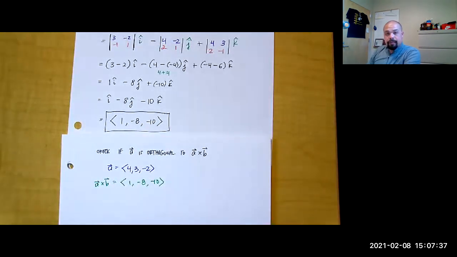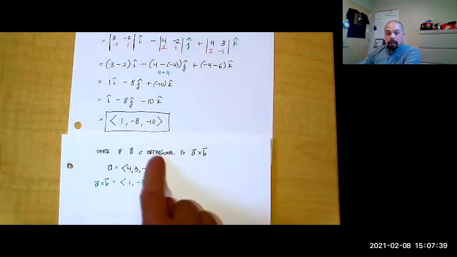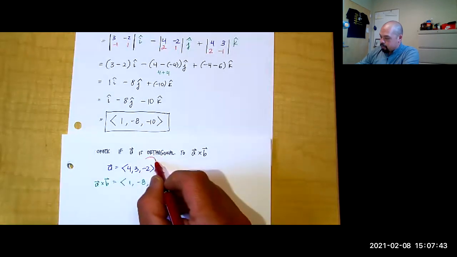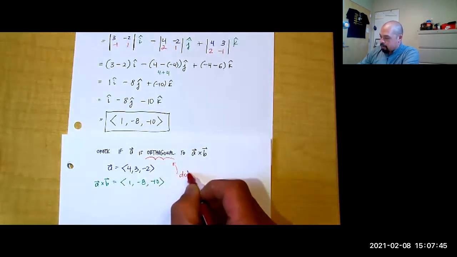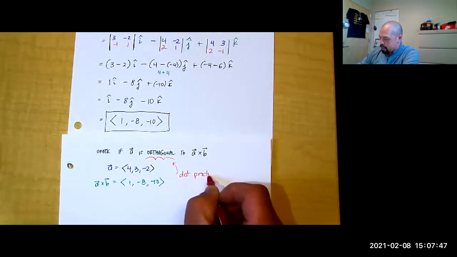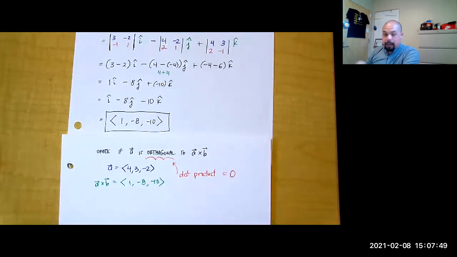Watch those signs. So if we're orthogonal, remember that statement that our dot product is going to be equal to 0. That angle is going to be pi over 2 between these two, so the cosine would be 0.